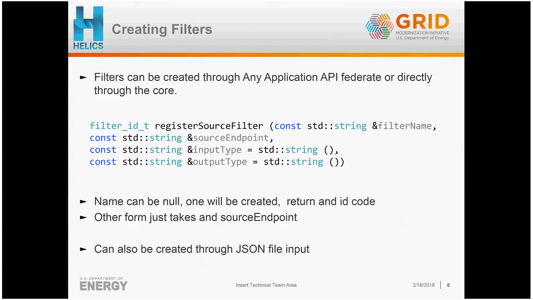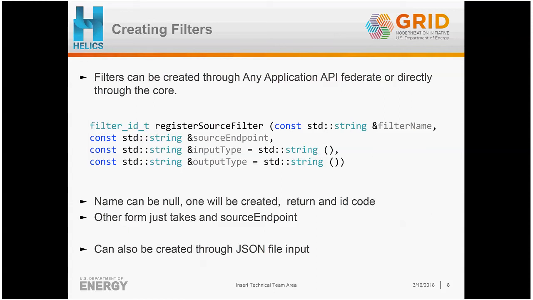Types are not used that much, mainly for custom filters that do packet translations, where you want to know the type of packet that it's expecting and the type of packet that it's sending. And this can be used if you have multiple filters tied to a source. The name can be null. One will just be created, and this returns an identifier code that you can use for later reference.